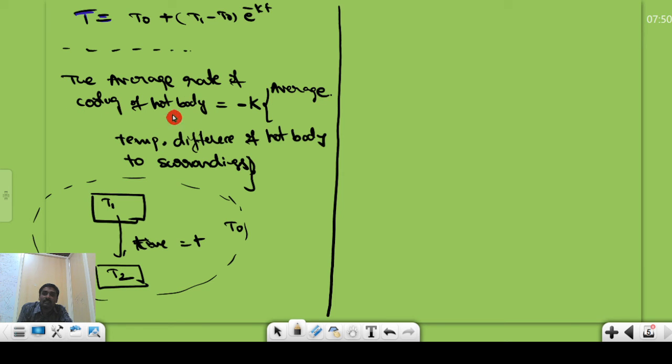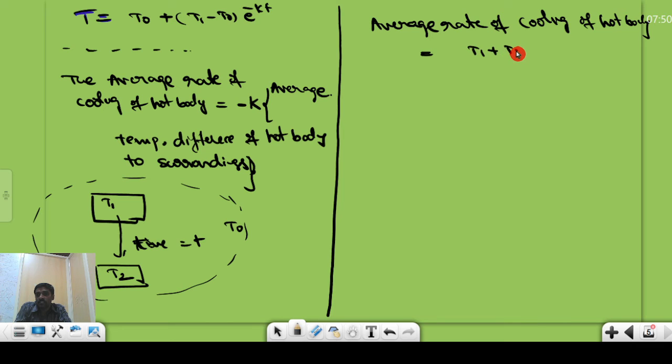What is the average rate of cooling of the hot body? The average rate of cooling of the hot body is equal to T1 minus T2 divided by T.